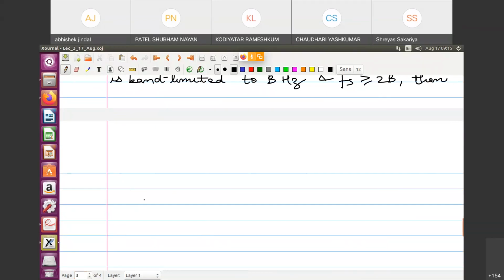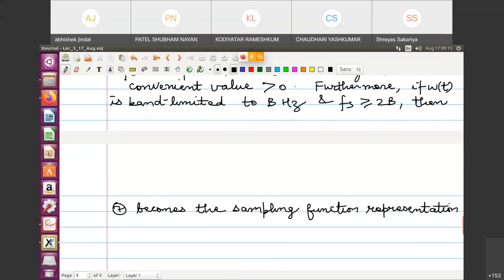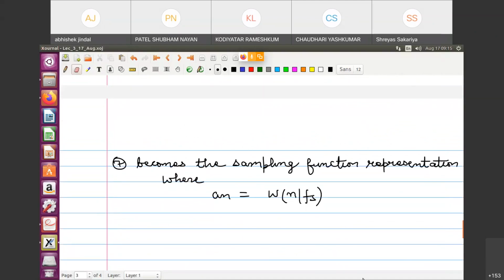Then 7 becomes the sampling function representation, where a_n is equal to w(n/f_s), for f_s greater than or equal to 2B.